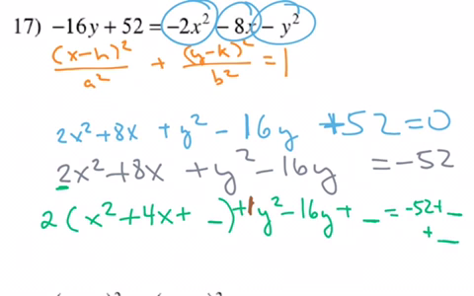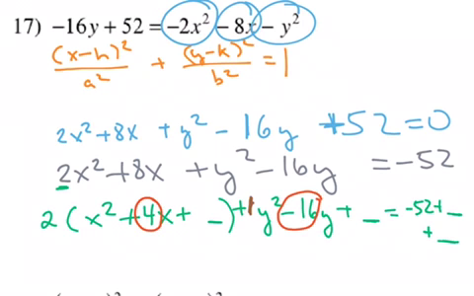Okay? And when you complete the square, you're going to want to be very careful here because it's not as simple as it seems. You're still going to do what we did for the circles. You're going to take the value in front of just the x term, and the value in front of just the y term, and then divide by 2 and square it. So 4, I'm going to divide 4 by 2.